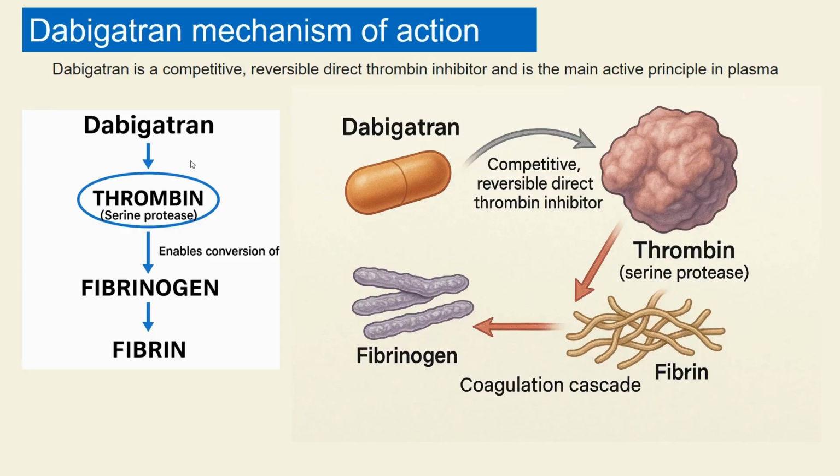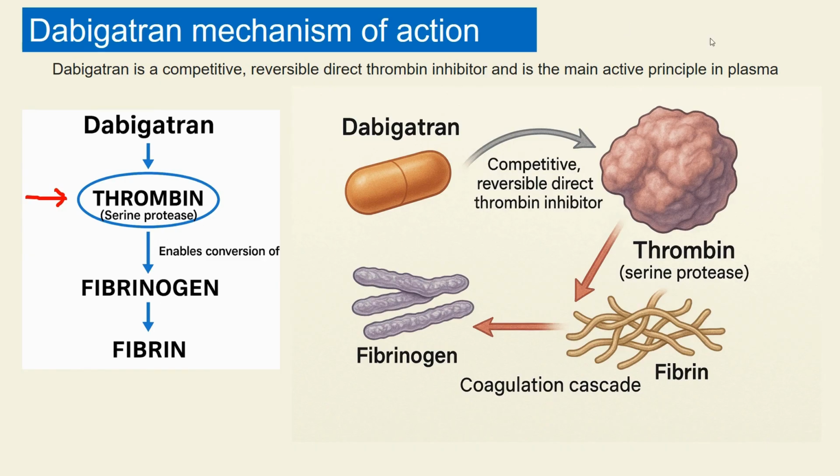Mechanism wise, they block thrombin, which is factor 2A. Thrombin is a serine protease which is necessary for fibrin formation, and it is blocked by these drugs.